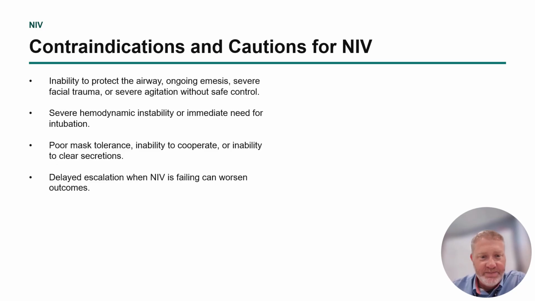Severe hemodynamic instability or immediate need for intubation. Obviously, do what the patient needs. If they don't tolerate the mask or cooperate, or if they can't clear their own secretions, probably not the best thing to put on them. And yeah, delayed escalation when NIV is failing can definitely worsen the outcomes, especially in the short term.